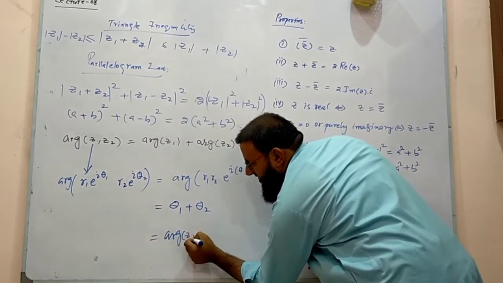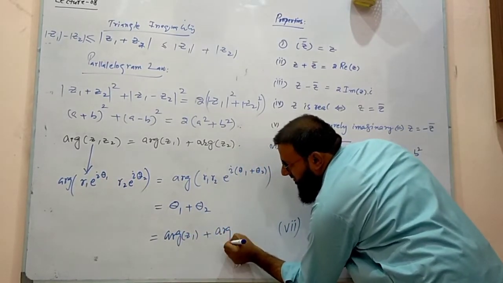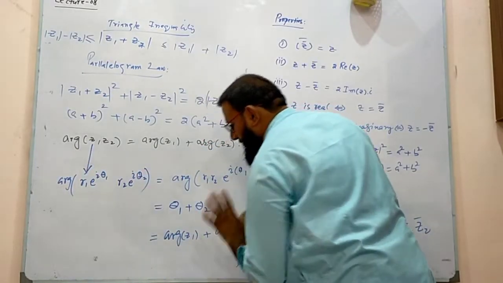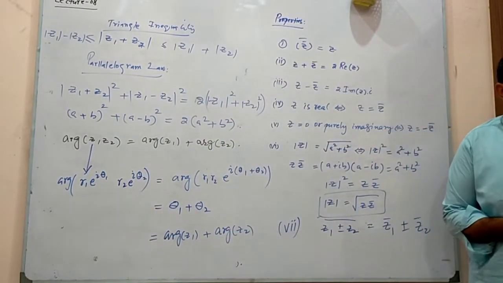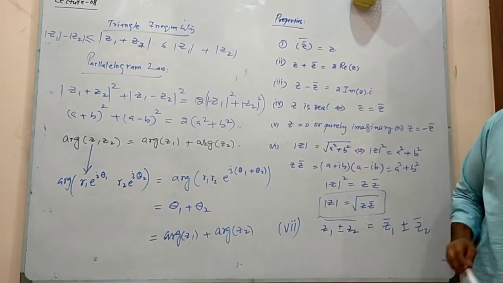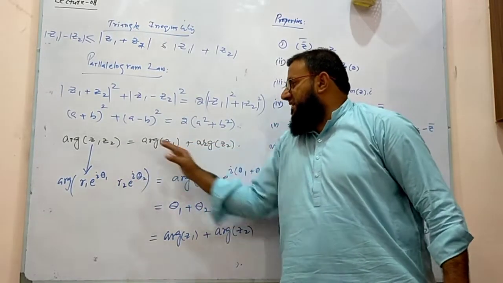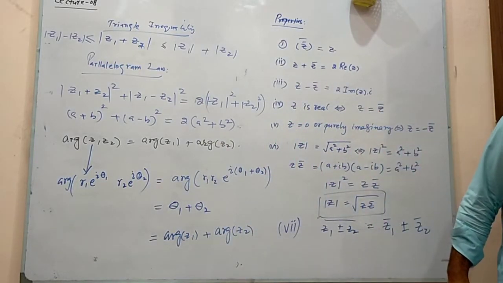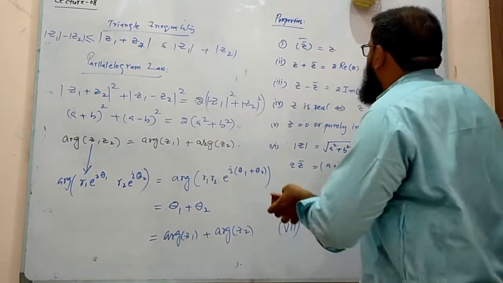It's the argument of Z1. What is theta 2? It's the argument of Z2. So you have this quantity. You can write in polar form, and you can simply see why this thing is the same as this thing. Okay, but let me tell you one thing.